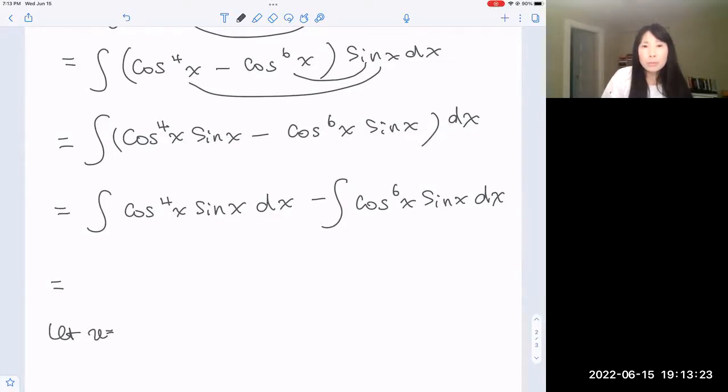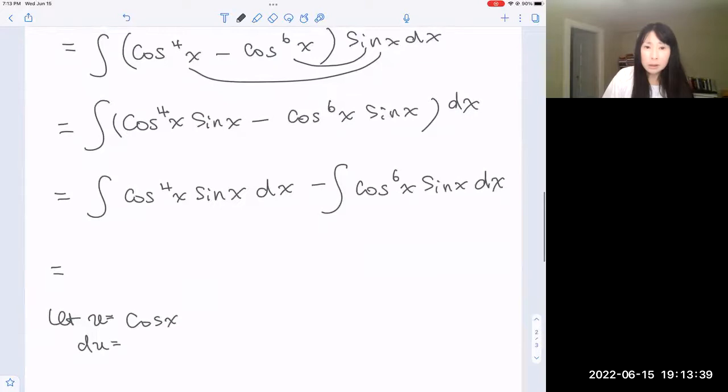Let u be cosine, the first part. Yeah, cosine, excellent. So cosine x, then the derivative, what do you get? Negative sine x. Okay, negative sine, excellent.